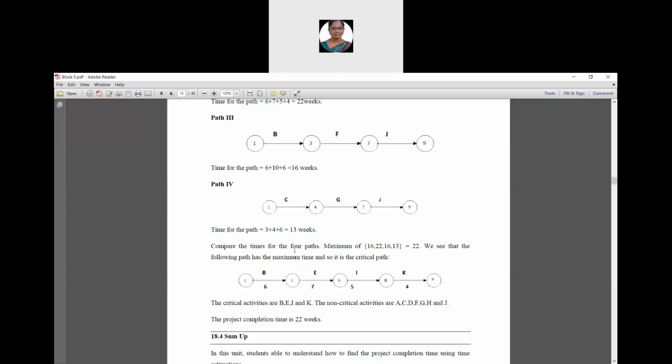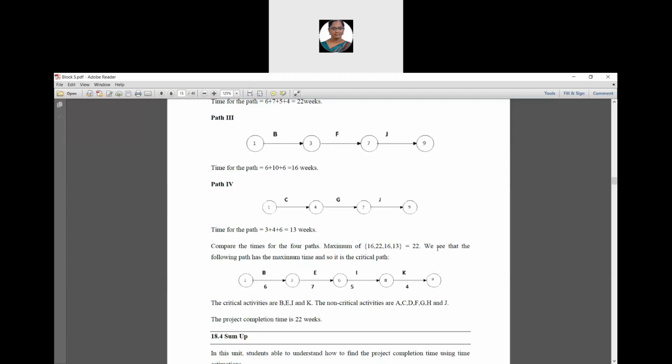So we have to find the maximum of the time values for all 4 paths. That is the maximum of 16, 22, 16, 13. It is 22. So we see that this path has the maximum time, so it is the critical path. It is path 2.